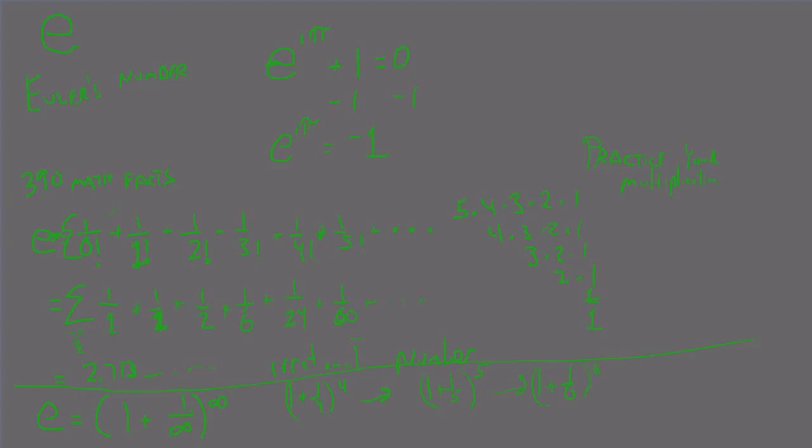And this time you're not summing it, you're just watching how the number progresses. 1 plus a 10th to the 10th power, 1 plus a 100th to the 100th power, and it will also get you eventually to Euler's number.